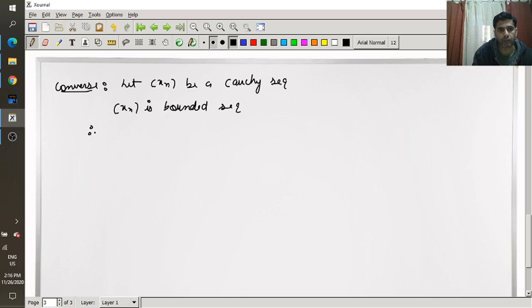So therefore xn has a limit point, right? So here we can write by the Bolzano-Weierstrass theorem.